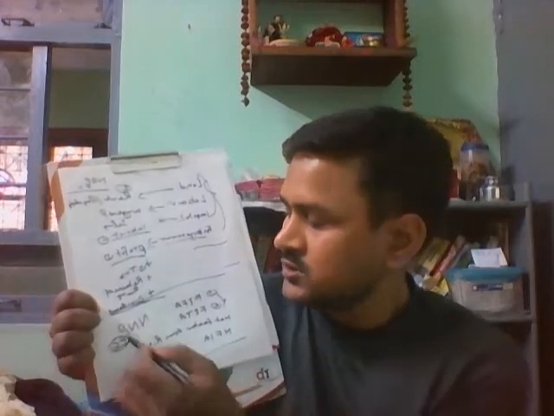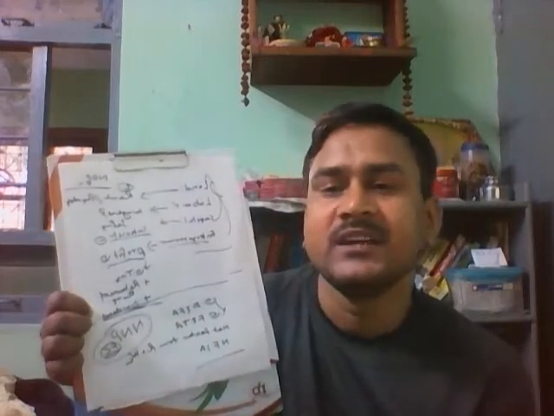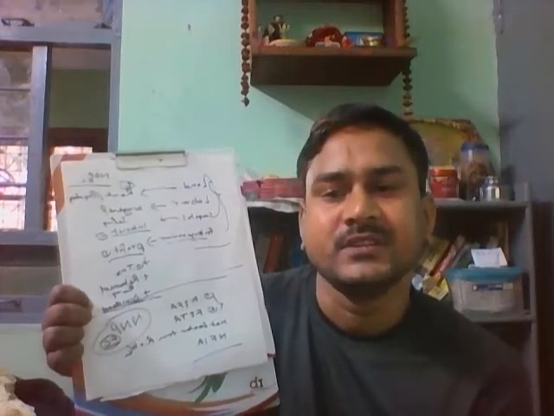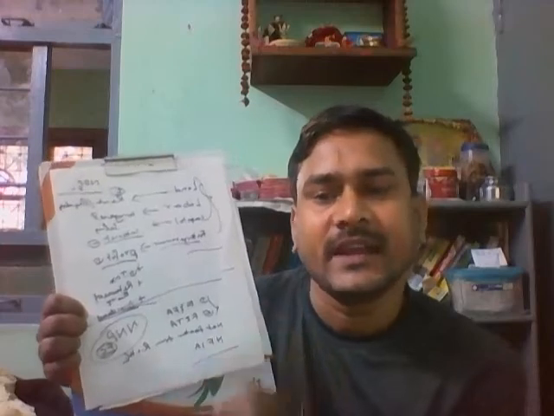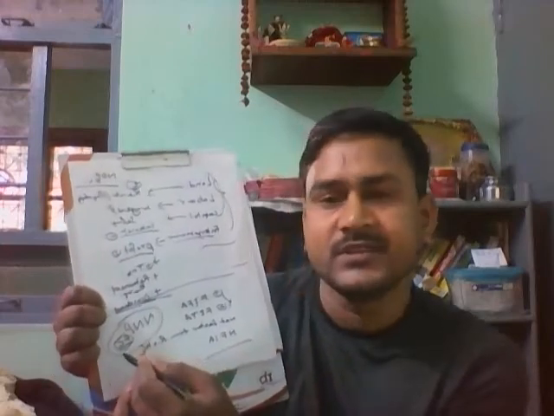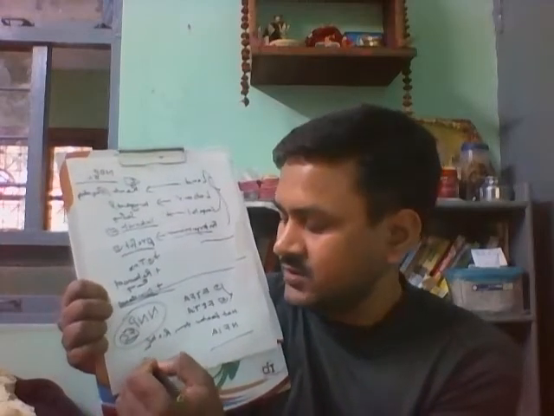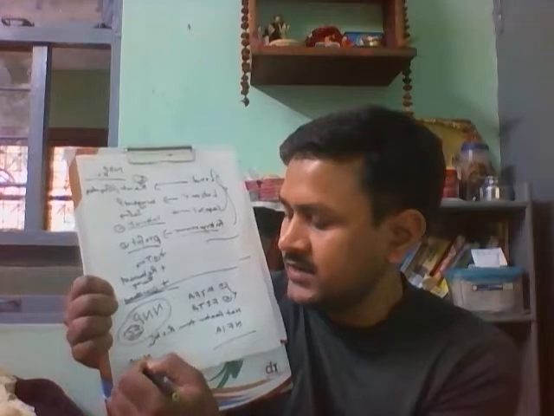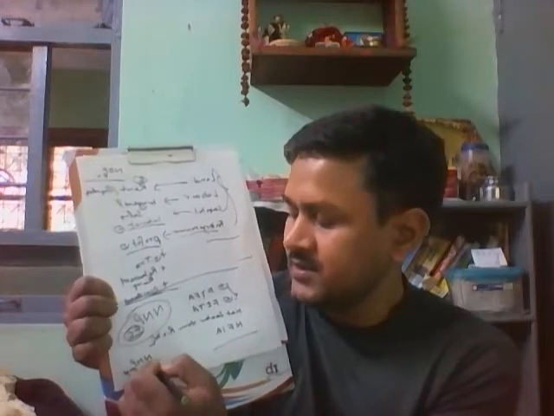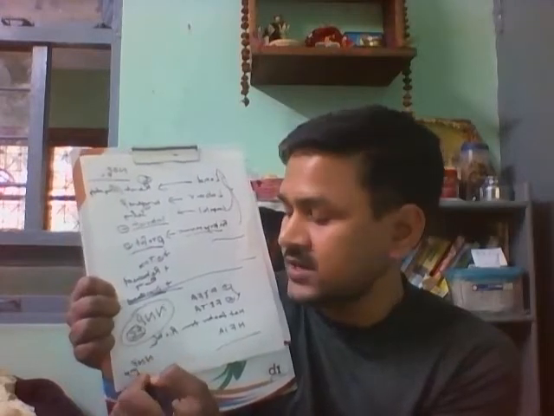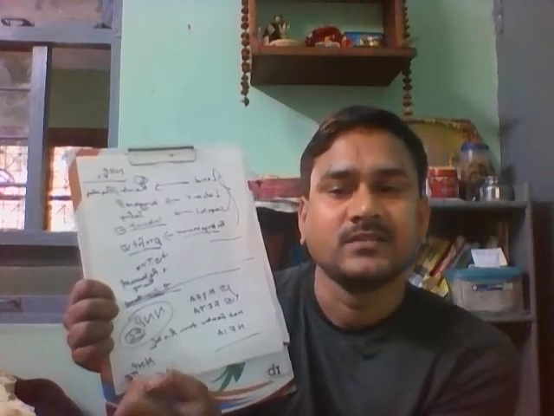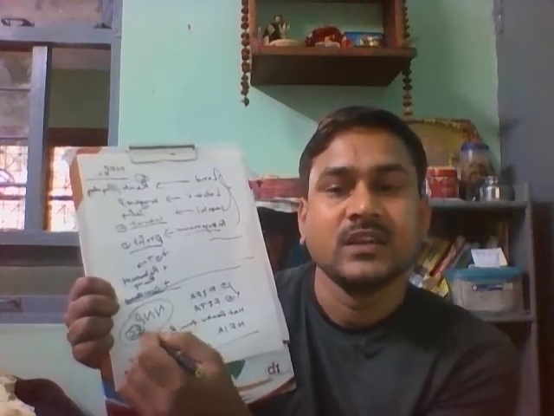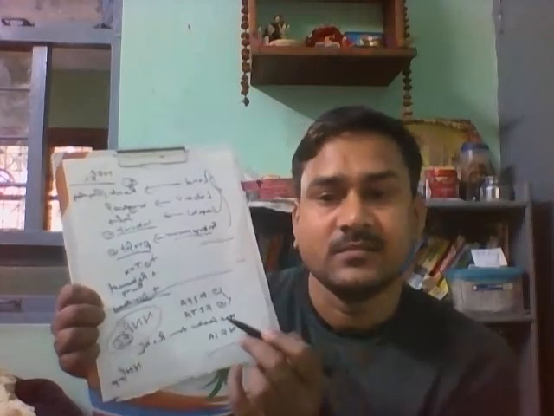Suppose in national income, that is NNPFC, if we add NIT to NNPFC, then we get NNPMP, net national product at market price.